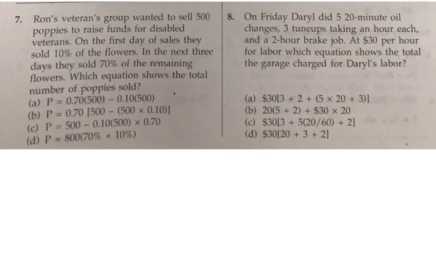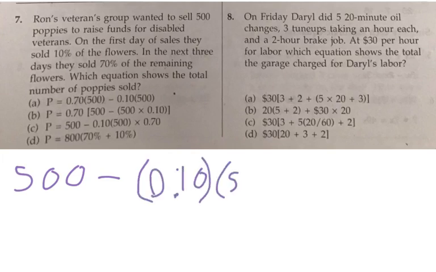So what we do with a problem like this, you have to start off with how much he started with. So he started with 500 poppies. And then on that first day, he sold 10%. So if he sold them, that means that 10% of those went away. So it's that amount minus 10% of that 500.